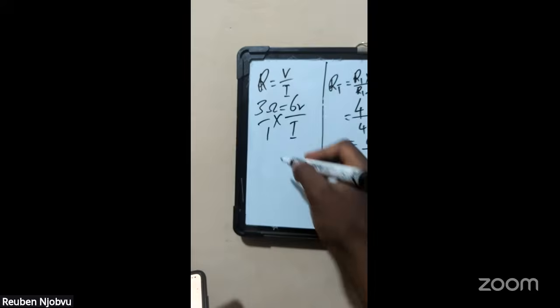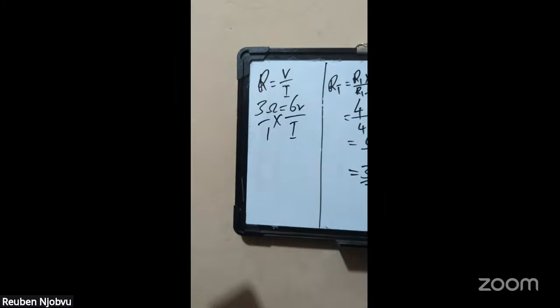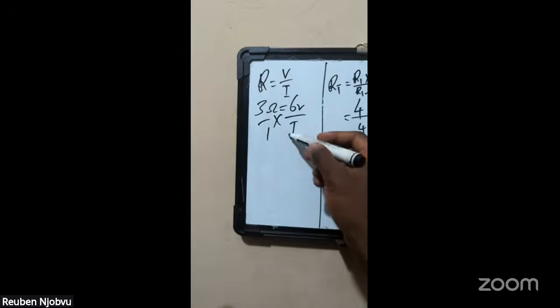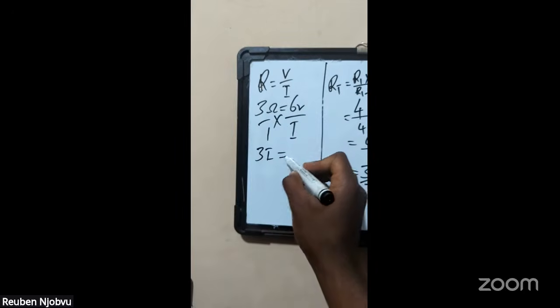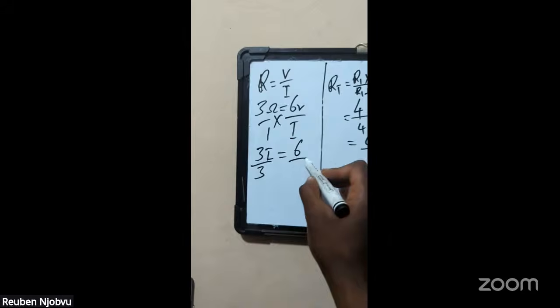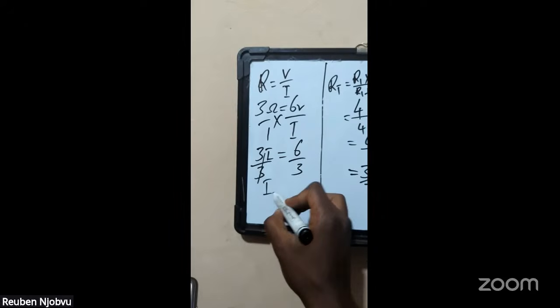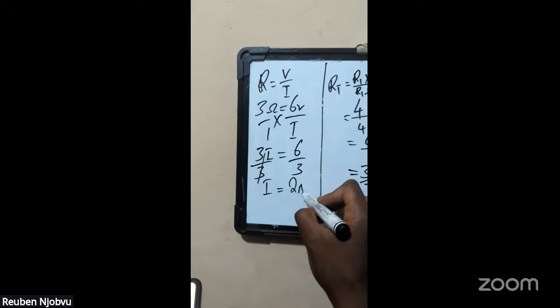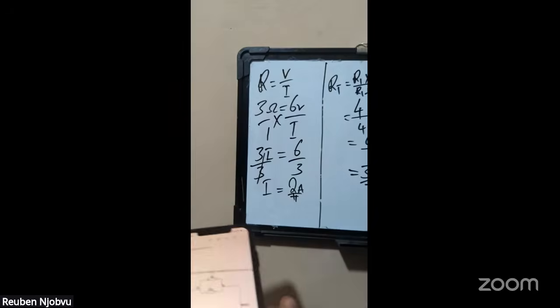We cross multiply. The question is saying the current of the battery, the full current now. Did we find the total for the resistance? Yes, 3. Did we find the total voltage of the battery? Yes, 6. So what you do here, 3I is equal to 6, over 3, over 3. So current is equal to 2 amps. That's the total current.